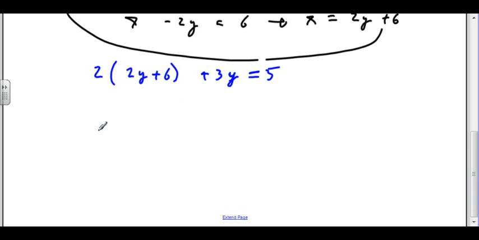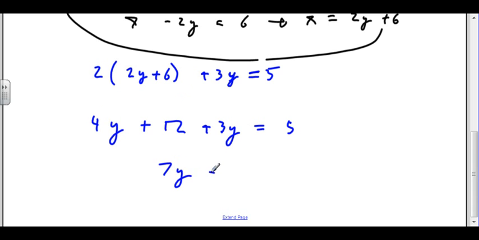Looks good. Okay, so I've got 4y, I've got a 12, and I've got a 3y, and I have a 5. So I got a 7y equal to -7, y is equal to -1.